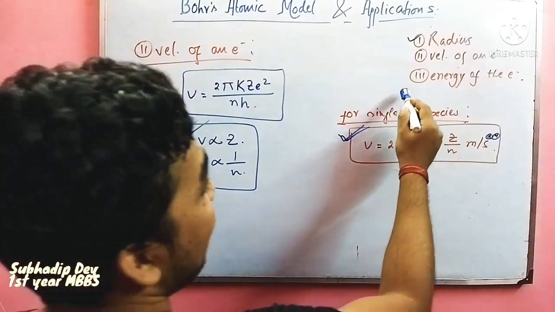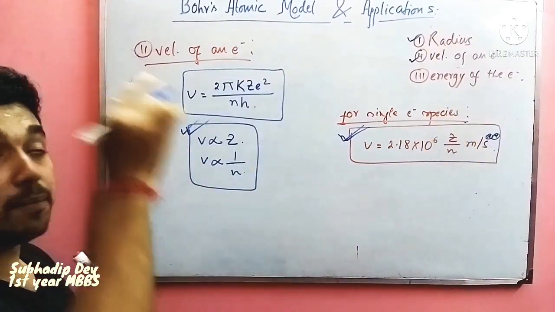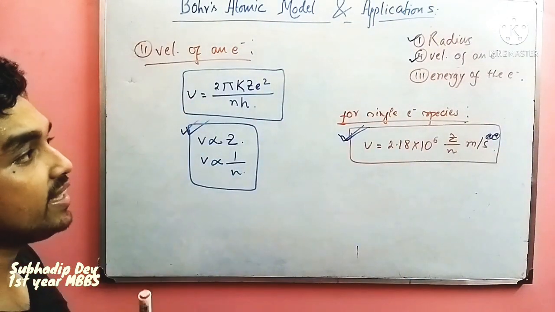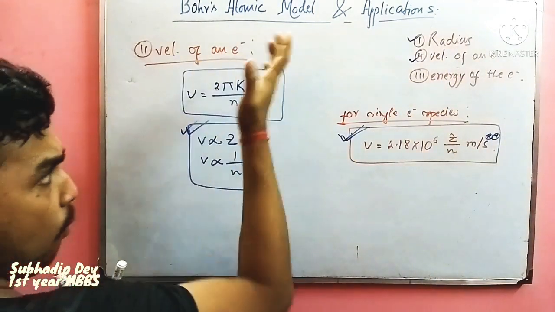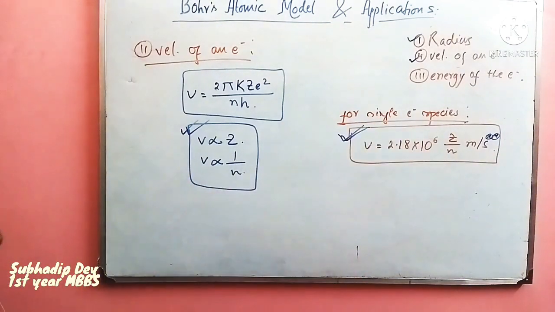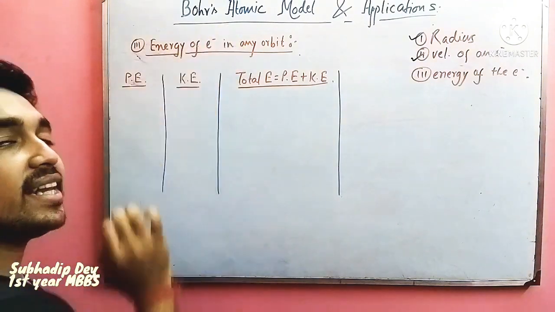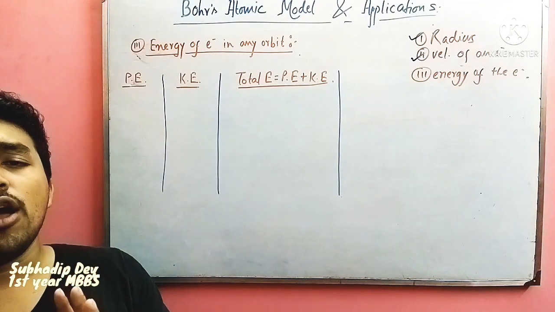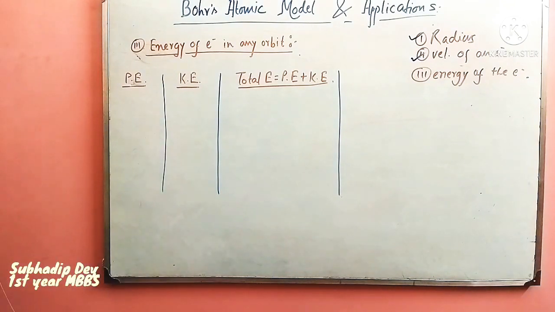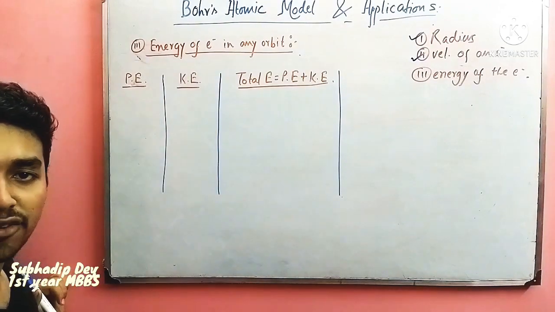Now we will come to the energy of an electron. And here you will see this is the most important application of Bohr's theory. So for the energy of the electron, you need to focus a little bit more. So here we will see the energy of an electron in any orbit. We know energy has many forms. Here we will just discuss two forms, that is the potential energy of electron and the kinetic energy of electron.